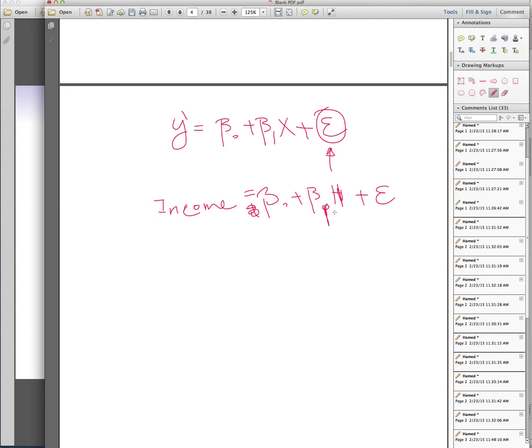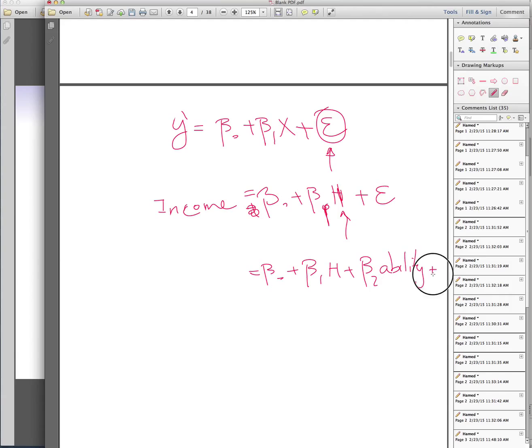You may say that beta 1 suggests that, fixing everything else, if you go to Harvard, you expect you earn this much more for beta 1. But that is not true, because if you got into Harvard, that means you had something called ability, which was better than others. And if that's the case, we should be able to capture that.